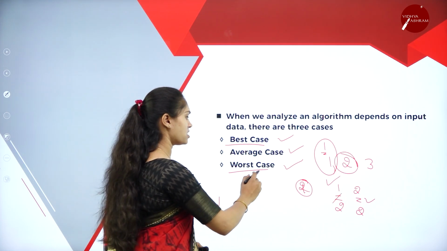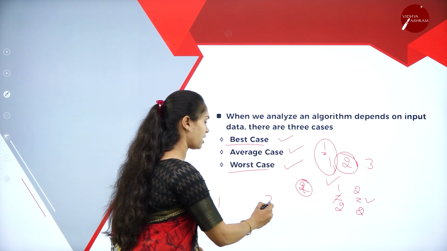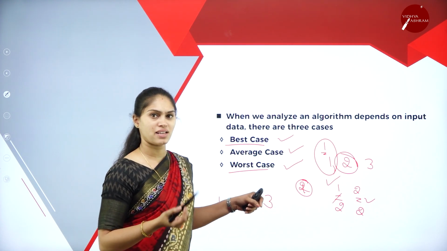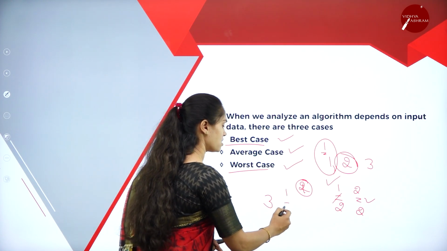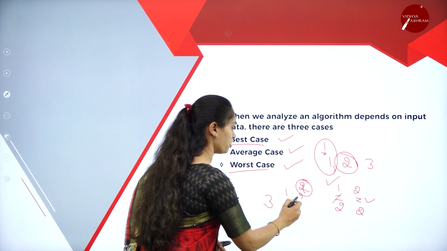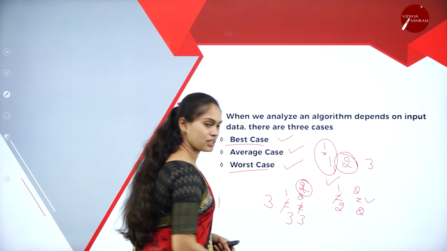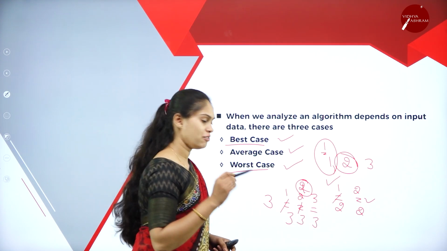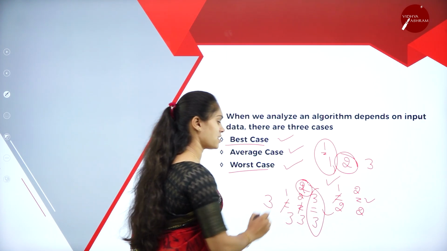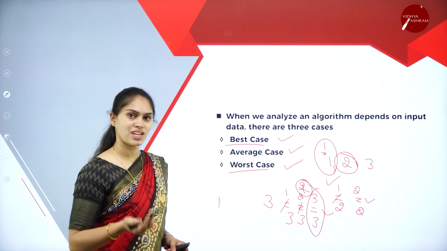Then what will be the worst case? Now let me consider that I need to check whether 3 is present in the sequence of numbers or not. I check whether 1 is equal to 3. It's not. And 2 is equal to 3? That is not the thing. Then 3 is equal to 3. I found the right answer. But how much time does it require?